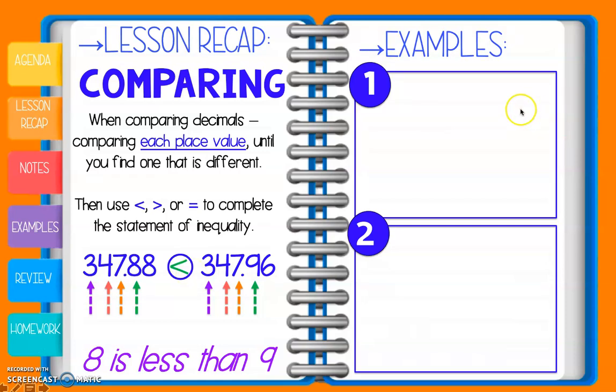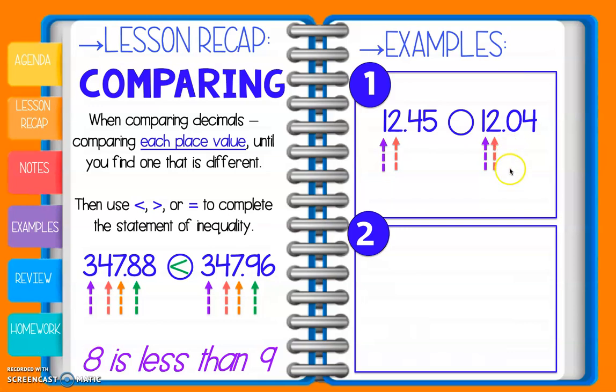Okay, so let's take a look at some more examples. We're going to compare 12 and 45 hundredths to 12 and 4 hundredths. So let's take a look at our tens place. In both of our tens places, we have a 1. Let's look at our ones place. In both of our ones places, we have a 2.